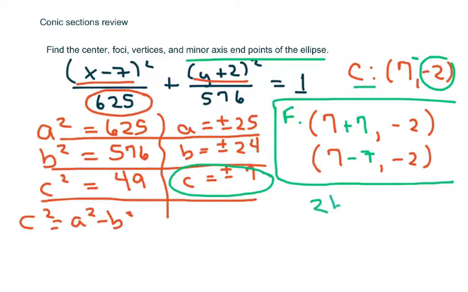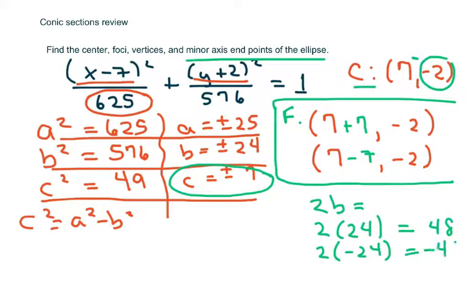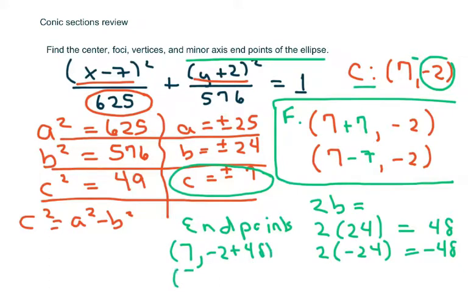So 2b equals 24, or 2b is 2 times 24. Or you can also say 2 times negative 24. So our b portions are 48 and minus 48. And so the endpoints of the minor axis would be 7, negative 2 plus 48 and 7, negative 2 minus 48.